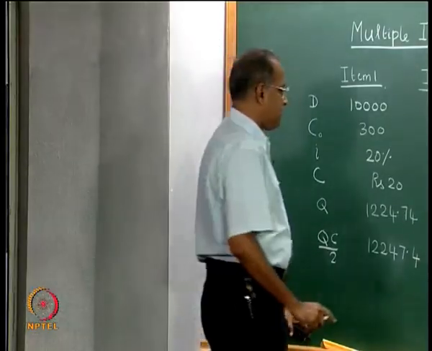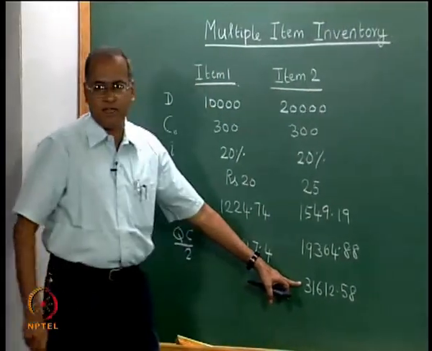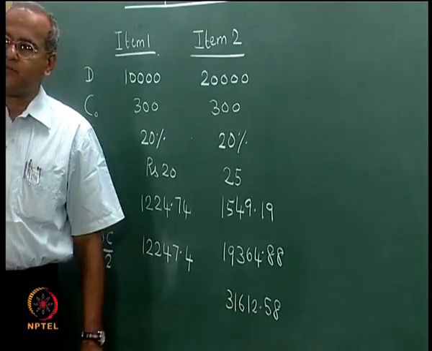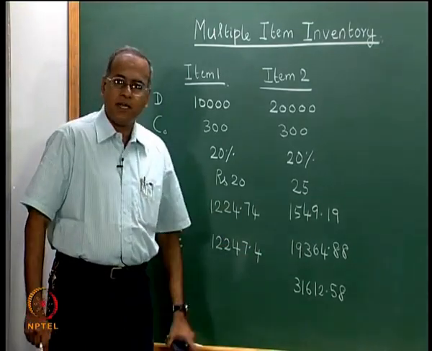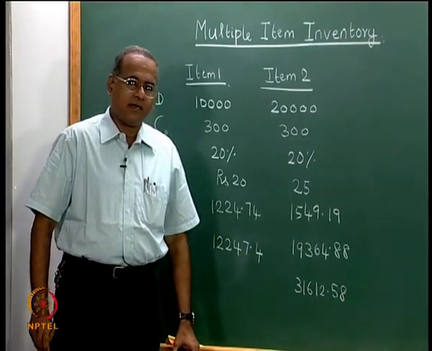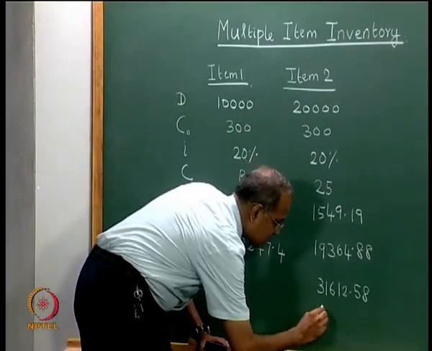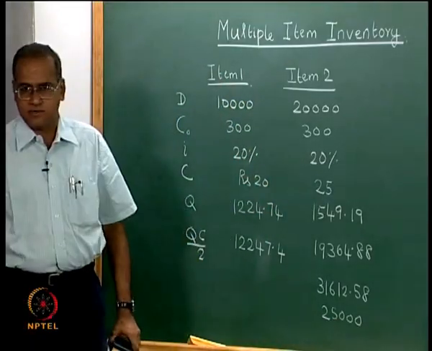So, in this case, these two put together, the money value of the average inventory is 31,612. Now, we would pose a question: if the money value of the average inventory held is restricted to 25,000 instead of 31,612, what happens to the order quantities?